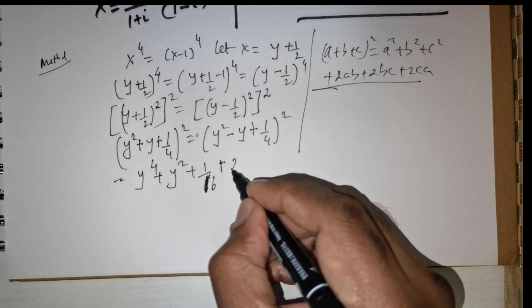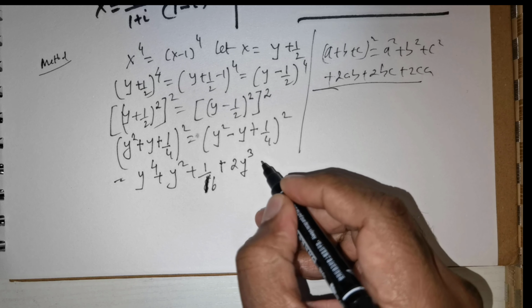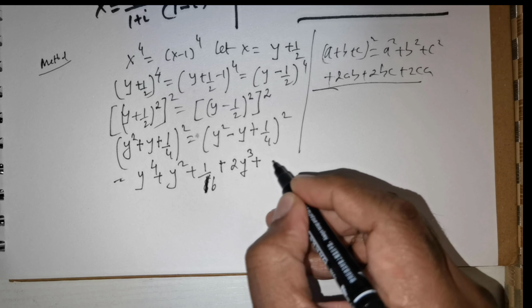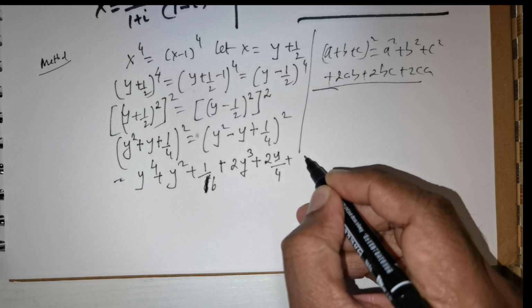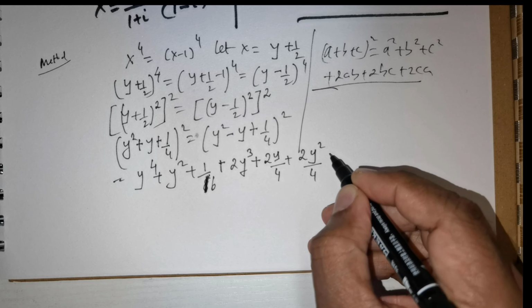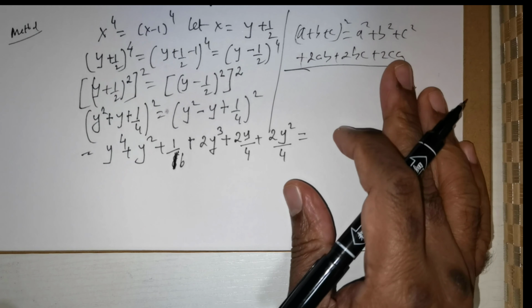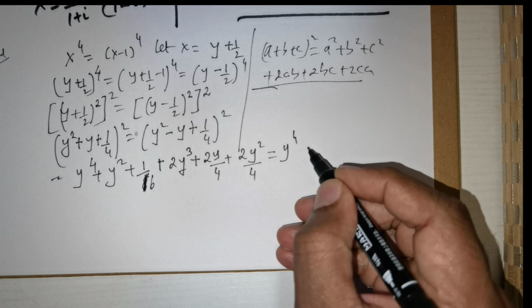So plus 2 times y squared into y, that's going to be y cubed, plus 2 times y times 1 over 4 plus 2 times y squared times 1 over 4. I expand this one, expand this side, so it's going to be y to the power 4.